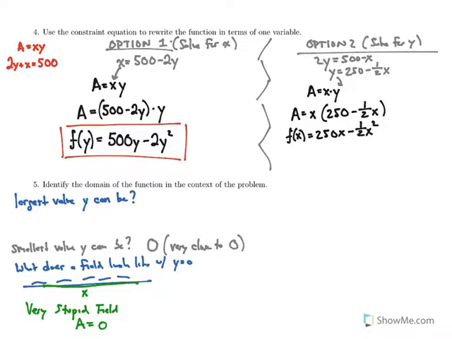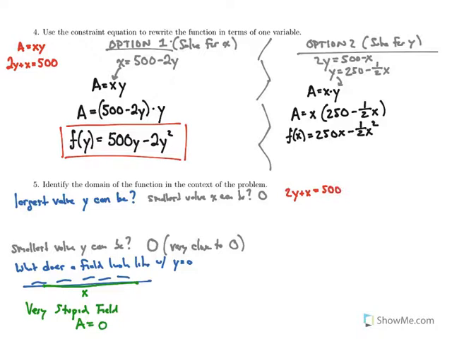But it's easier to answer by asking, what is the smallest value x can be, the other variable? And that answer is 0 for the same reasons as below. So then we have our constraint equation that we have 2y plus x equals 500.